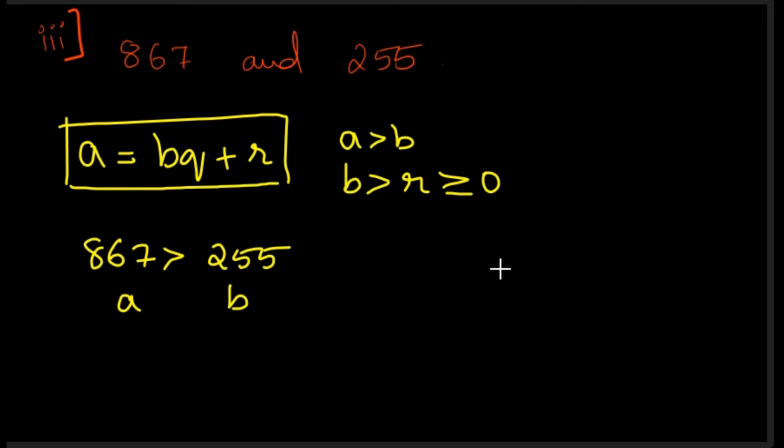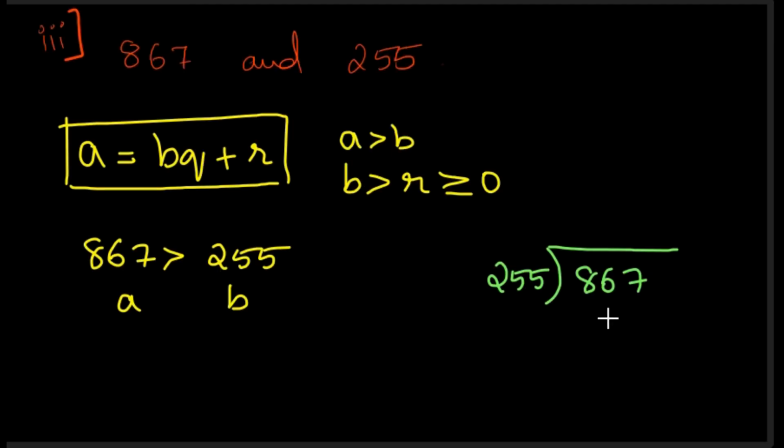Dividing it, 255 multiplied by 2, we get 2 5s are 10, 1, 2 5s are 10, 11, 1, 2 2s are 4, 5, 510.